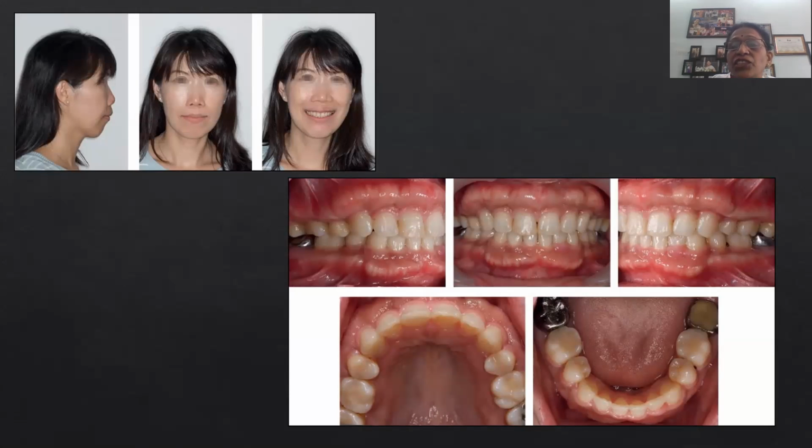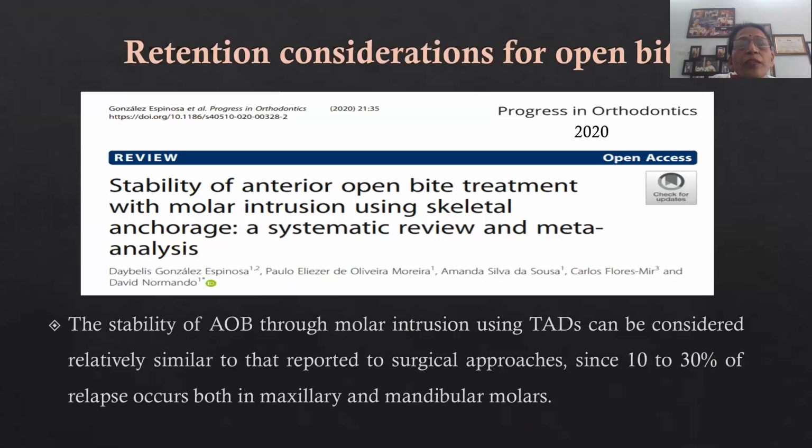So the recessive chin which was there also gained some amount of prominence, though we can't say the results are ideal. The author claimed it in his case report, but at least an acceptable good result where there was no gumminess now, and the overbite and overjet were quite normal.